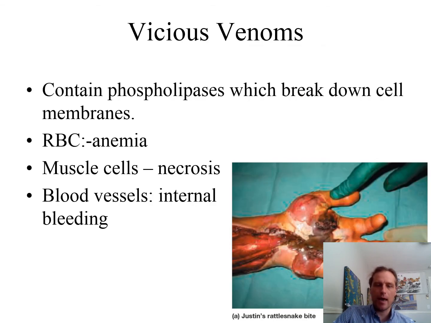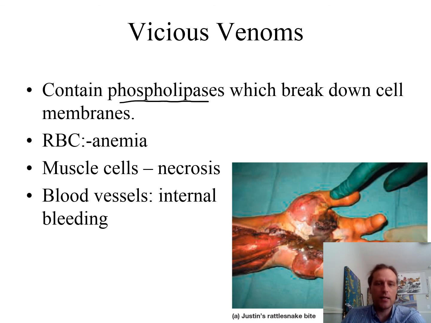So vicious venoms, coming back to that, they contain phospholipases, which can break down cell membranes. Remember phospholipids, they can account for about 50% of the cell membrane. An enzyme is a kind of protein that breaks stuff down.